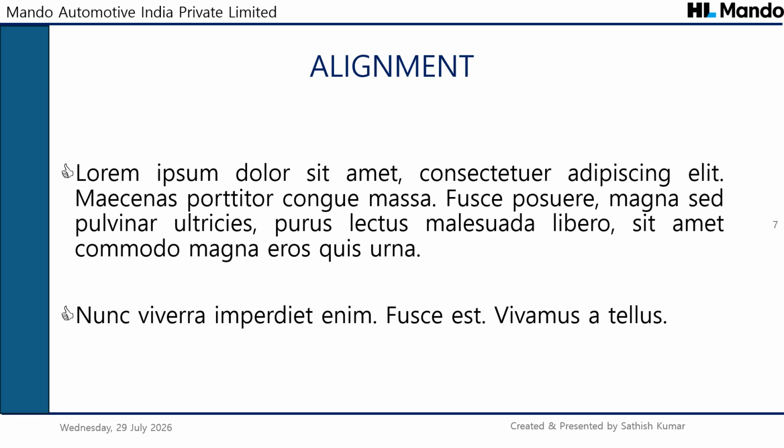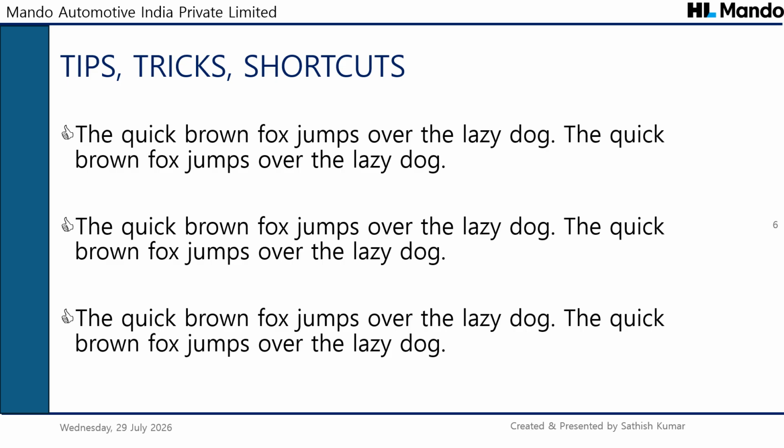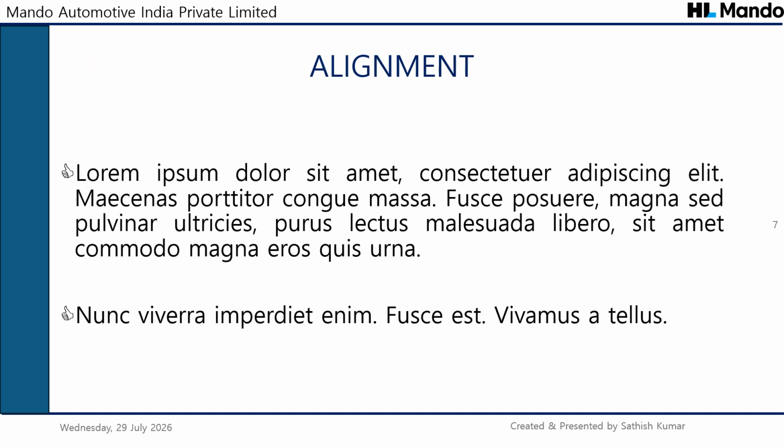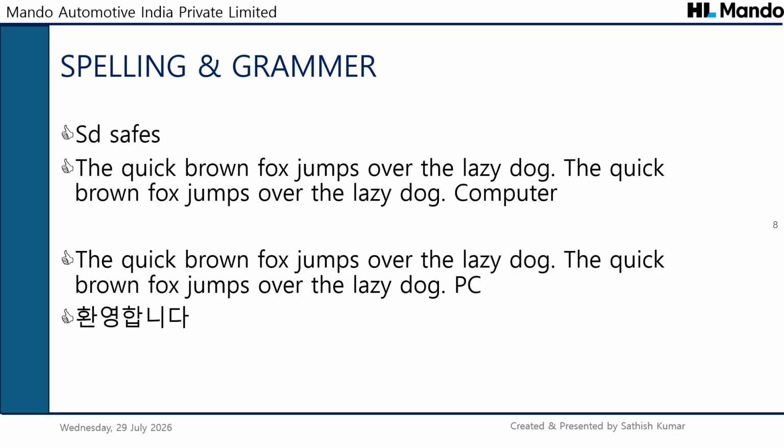But I want to jump from one slide to another slide. There are three methods to do this. First method: if you know the slide number, I want to go to that slide number. Suppose I'm in the 8th slide now.